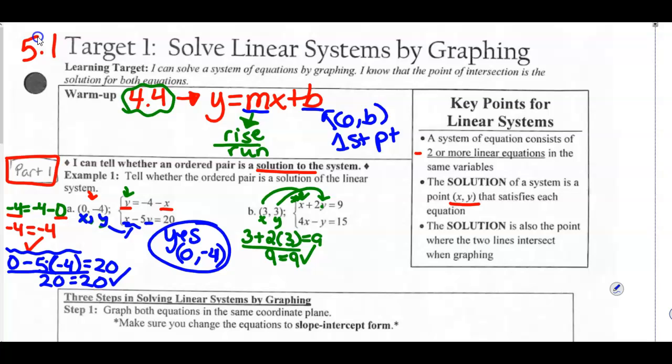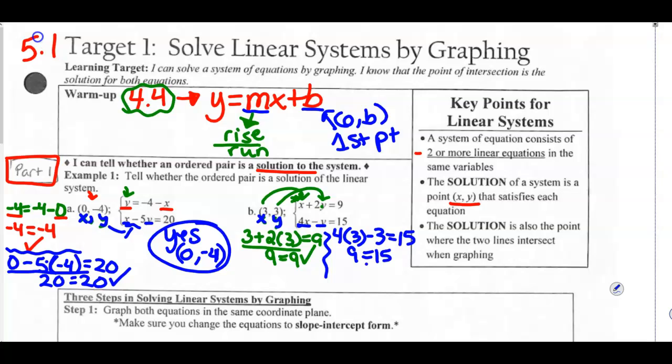But to see if it's a solution for the system, I have to do the work for the second one too. So again, I'm going to plug x and y into the second equation. It says 4 times x, so 4 times my x is 3, and then minus y, which is 3, equals 15. So if we put that in, it should be 12 minus 3, so I get 9 equals 15.